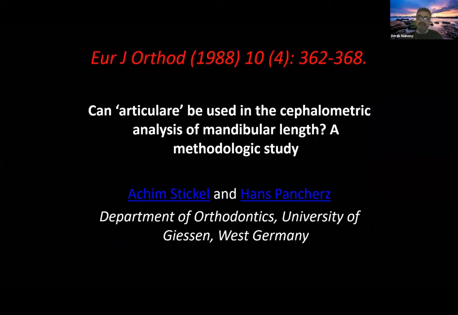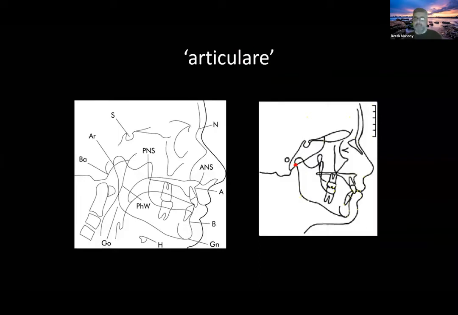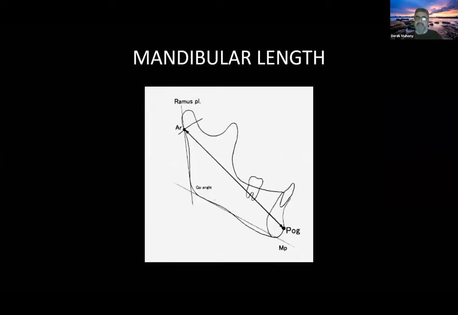Sometimes it's very hard to trace condylion based on the superposition of your lateral ceph, so we can use another point, which is called articulare. Articulare is used in the measurement of the mandibular length, and whether you use articulare versus condylion, it's all very relative because of the software that is comparing it to the cranial base.